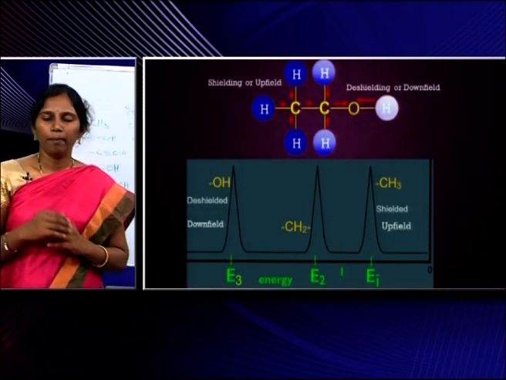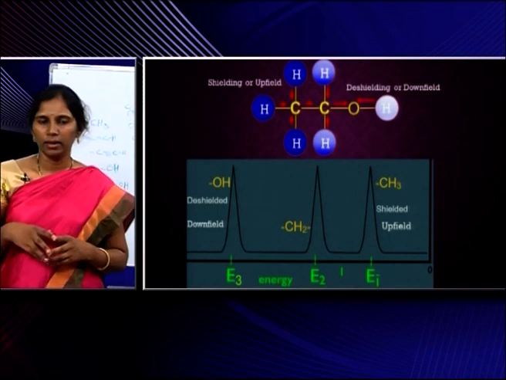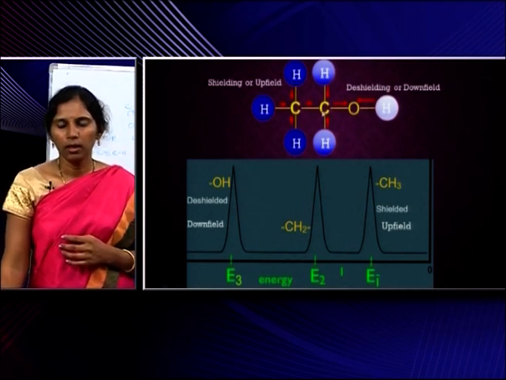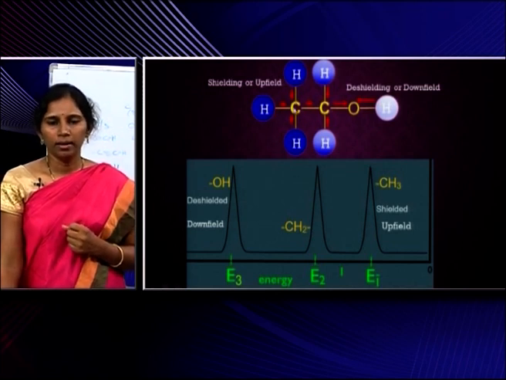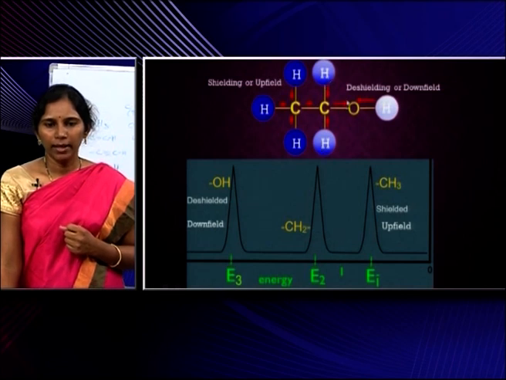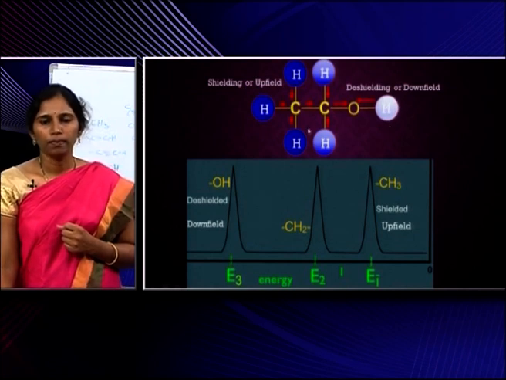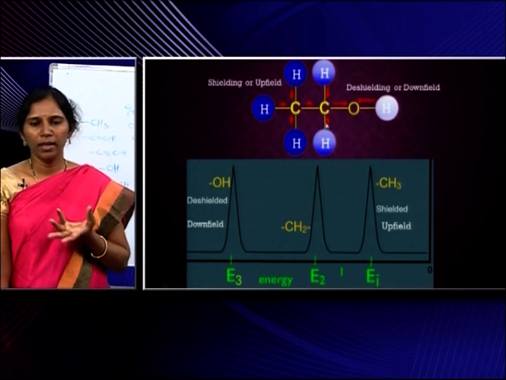And by this example, you will be able to clearly understand what is shielding and deshielding. See here, I have taken the example of ethanol, and in ethanol we have 3 types of protons. Here this carbon contains 3 protons and this carbon contains 2 protons, and the hydroxyl group contains 1 hydrogen. Okay, up to here it is very clear. What is there something else?